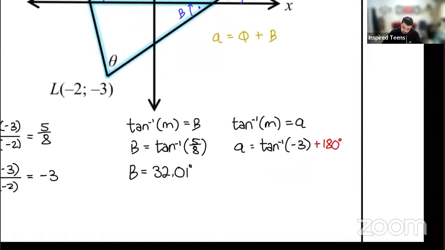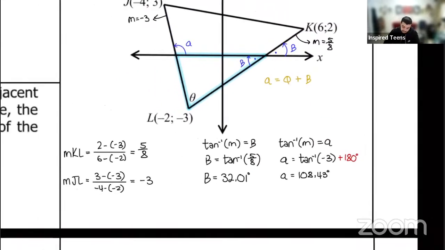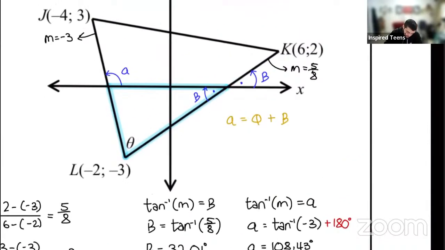And when I add 180 degrees, for alpha, I get a solved angle of 108,43 degrees. So I've solved for those two angles. Alpha is equal to 108,43.